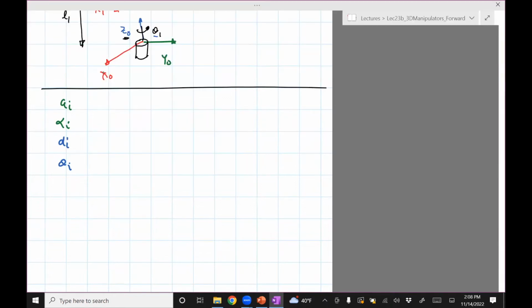For a_i and alpha_i I like to draw this figure. Since i equals 1, I have z0, z1, x1.